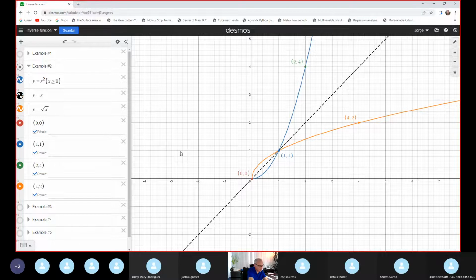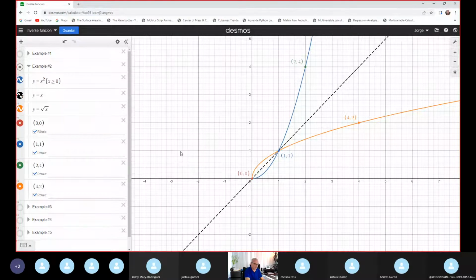bring another example, very, very interesting, because the original function in example 3 is a rational function. And you know, in a rational function, we have horizontal asymptote and vertical asymptote. See, when you find the inverse function, you interchange x and y.